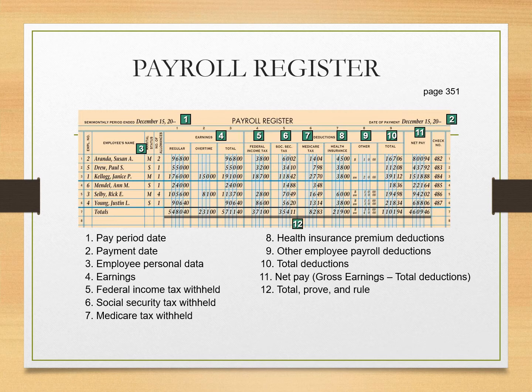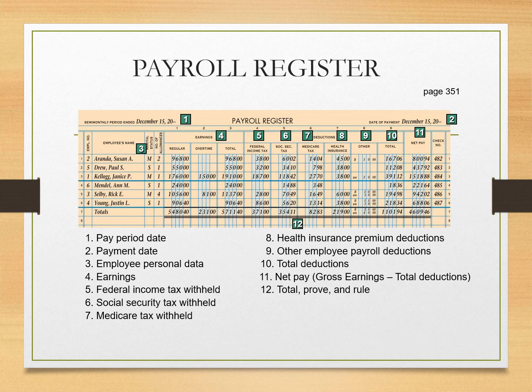The next step is to total, prove, and rule the payroll register. We do this by drawing a single line across columns 1 through 10. Then we add up each of the columns, and then we need to do a proof. We prove by taking our net pay plus our total deductions total and that should give us our total gross earnings.